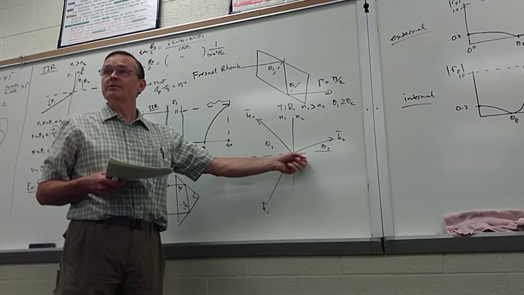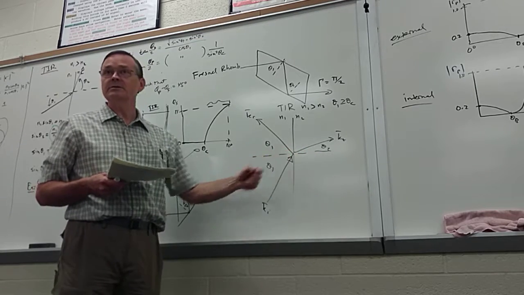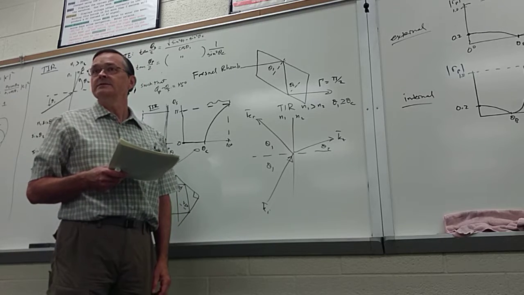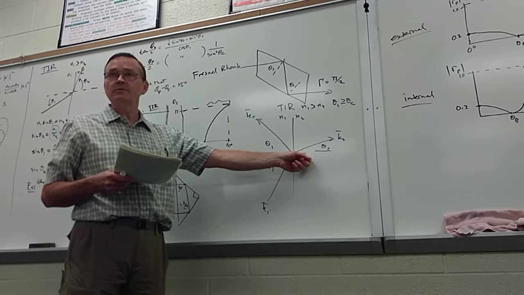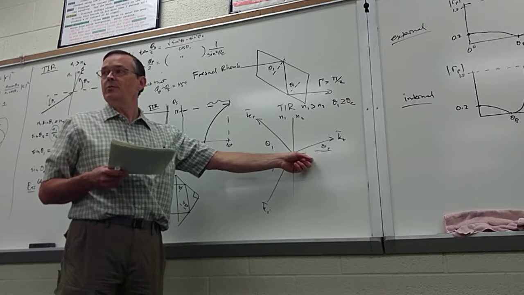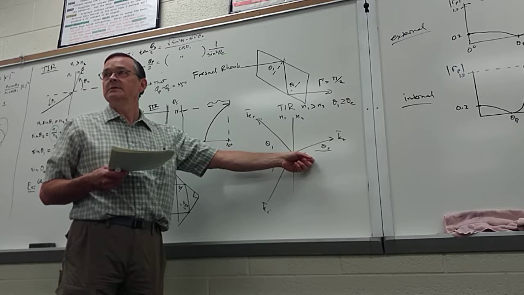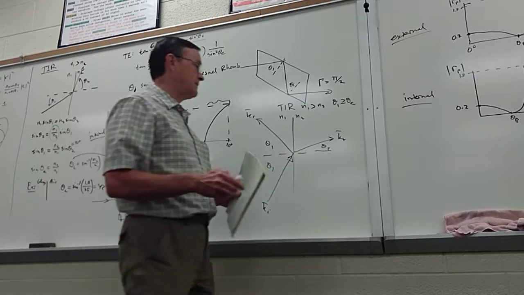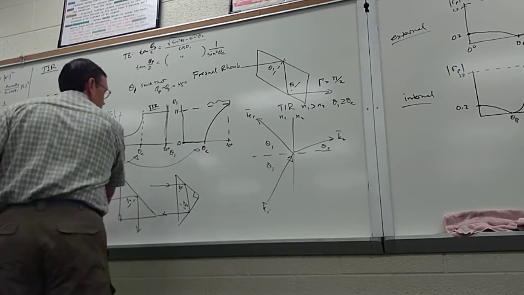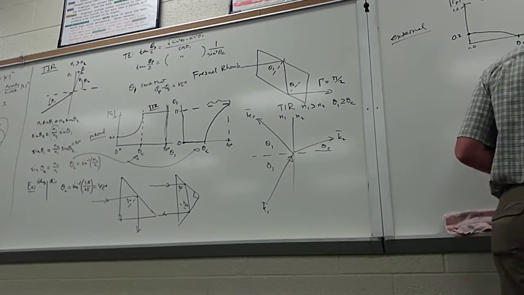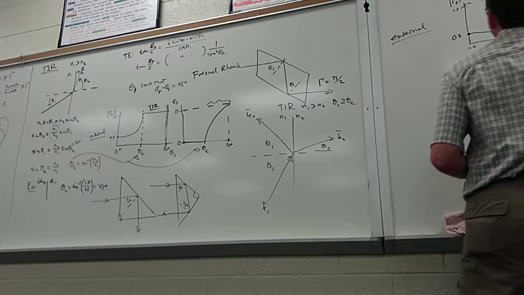But there is a field over there, because otherwise we wouldn't have the boundary conditions satisfied. So the question is, what kind of a field is over there that carries no power? And it's an evanescent field. What field? Evanescent. I'll write it down.